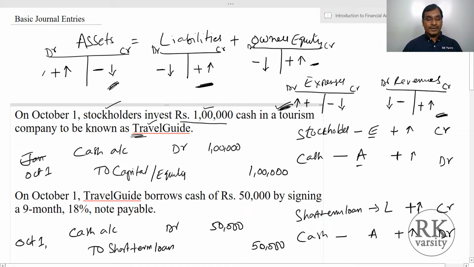Second step is to classify the accounts, whether they are an asset, liability, owner's equity, expenditure or expenses, or a revenue. The third step is to apply the rule of debit and credit for each account. The fourth step is to write the journal entry, or simply journalize the transaction. And the fifth one is to write the narration for each transaction.